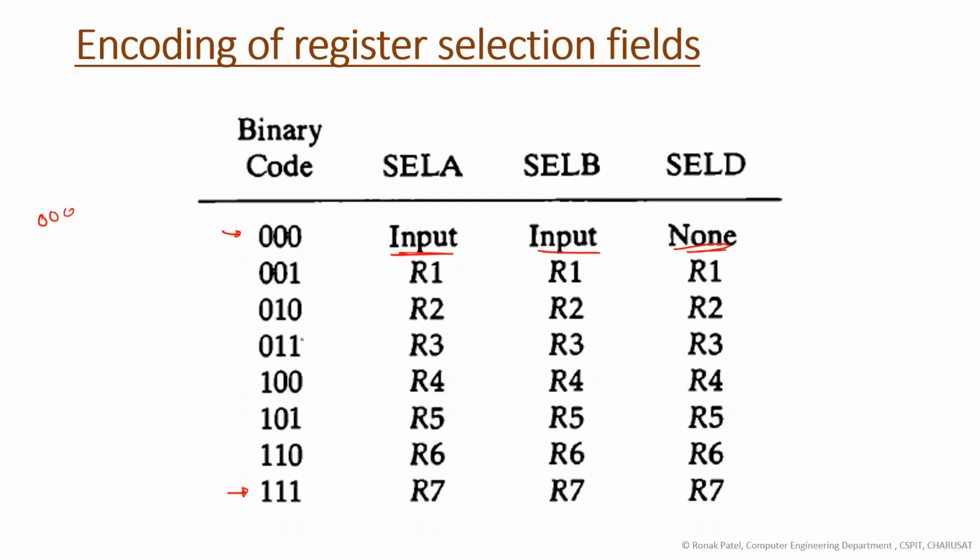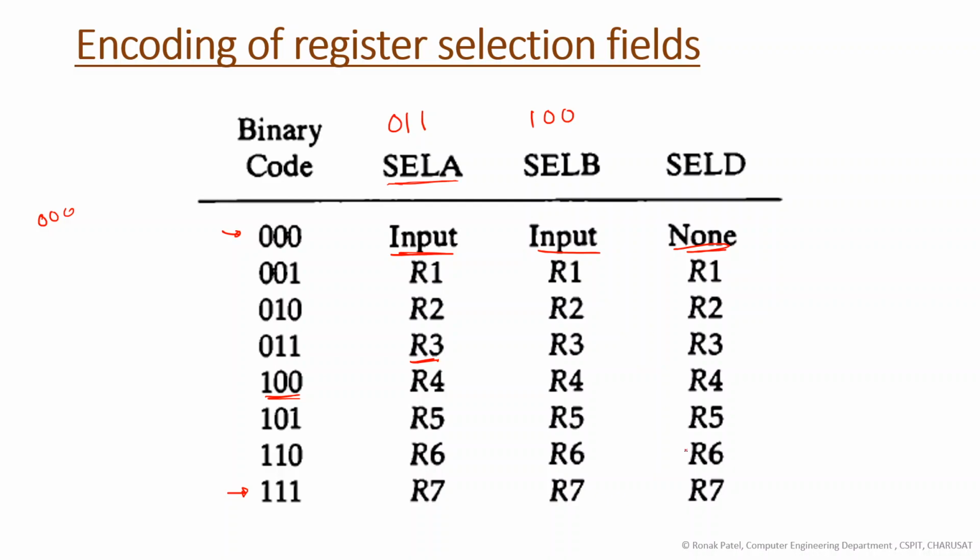So if you want to get data from R3 as one operand in A bus, then the selection of A bus must be 011. And select B: suppose you want the second operand from R4, then this must be 100.